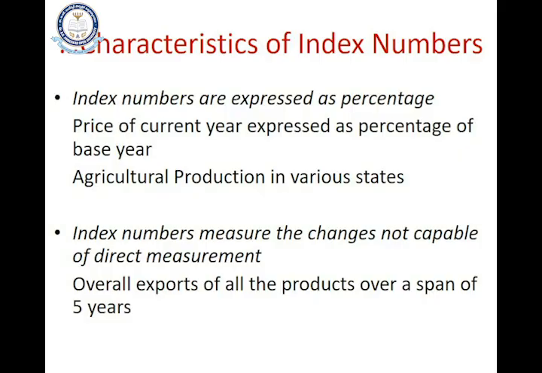Say, for example, the price index number represents the change in the price of a specific variable compared with the base year price, which is denoted by P0, and the current year price, which is denoted by P1. Finally, we ascertain the value of the index number as P1 by P0 into 100, which you are going to understand in the lesson on construction of index numbers.